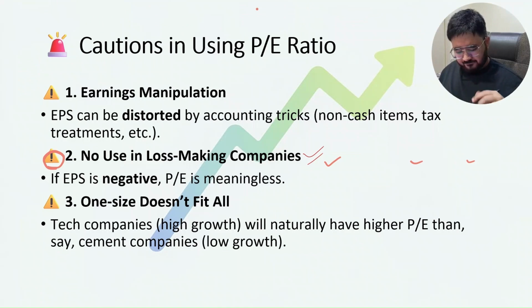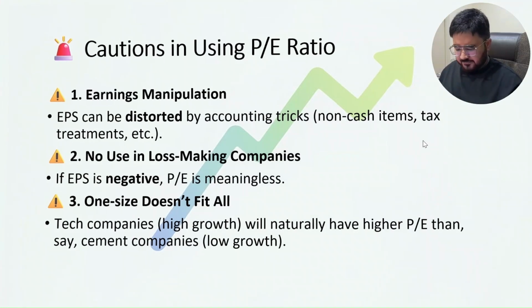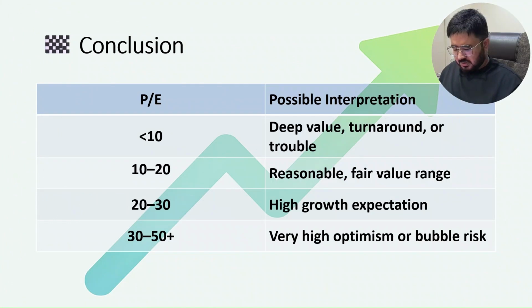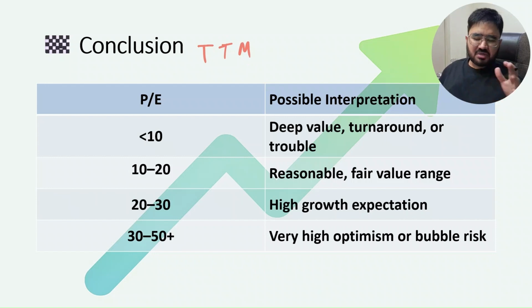And the last thing I think I've not told you. Yes, one thing was missing. If you have noticed, it was showing TTM. What is TTM? Let me just tell you. TTM is trailing 12 months. So the earnings portion, they have considered for the past 12 months.